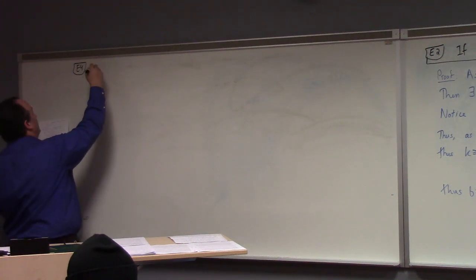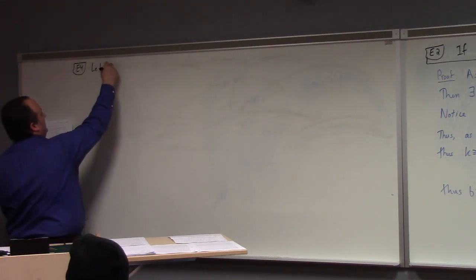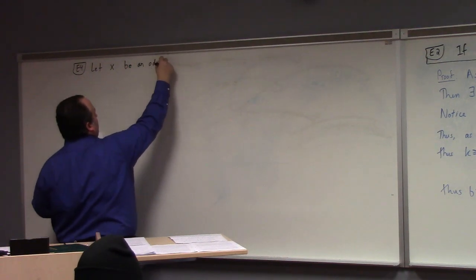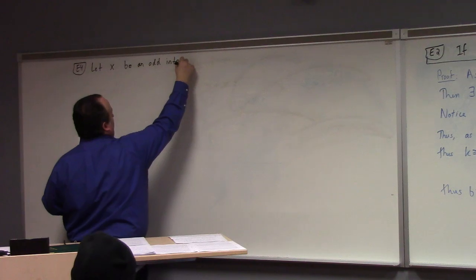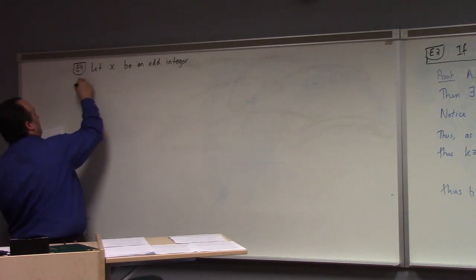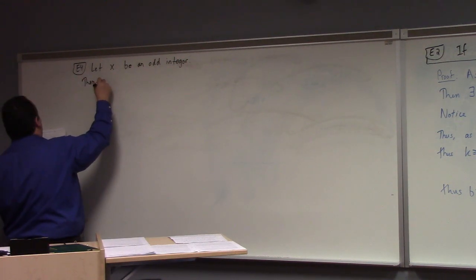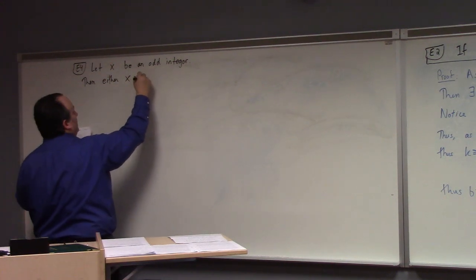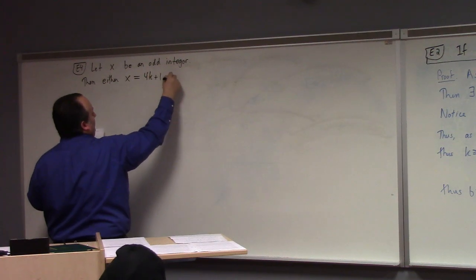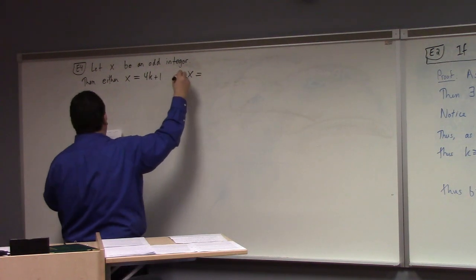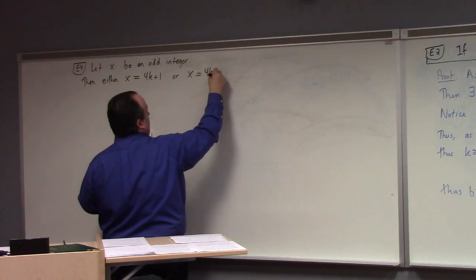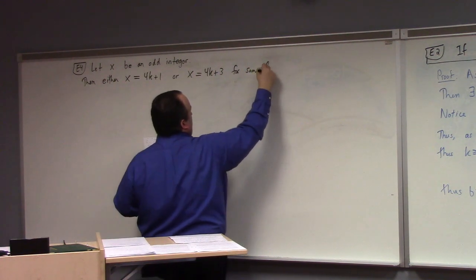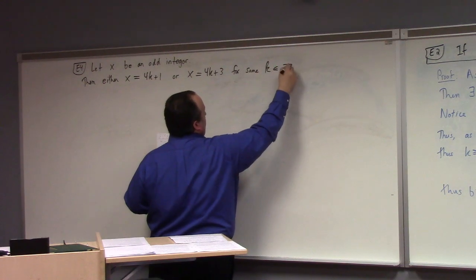So here's example 4. Let x be an odd integer, all right? Then either x is equal to 4k plus 1, or x is equal to 4k plus 3 for some integer k.